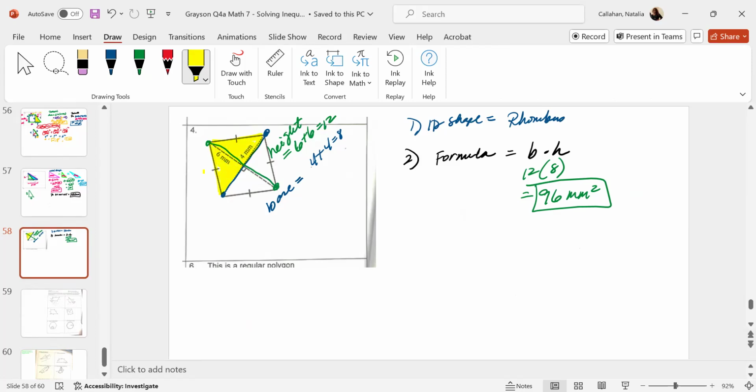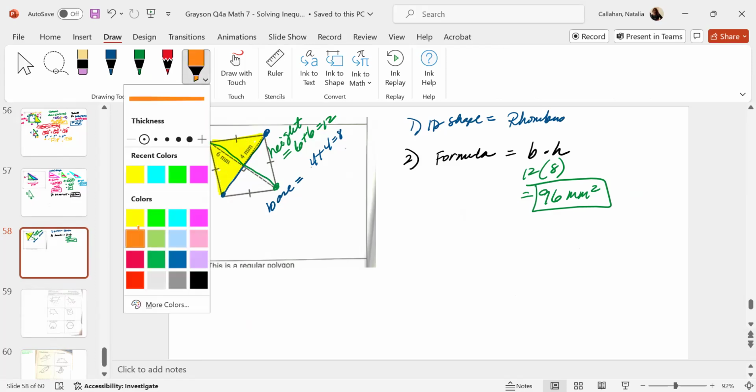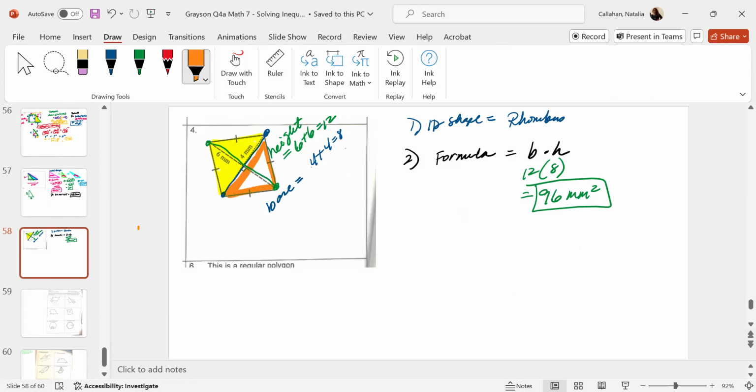Do you see the orange triangle or yellow triangle? Do you see that there's 2 yellow triangles? There's one, and you can say that this one's an orange one, right? Yeah. But if I just pick the yellow triangle, then the orange one's exactly the same, correct? Yeah. So let's find the area of this triangle, okay? Now with this triangle, do you see how the base is from here to here?